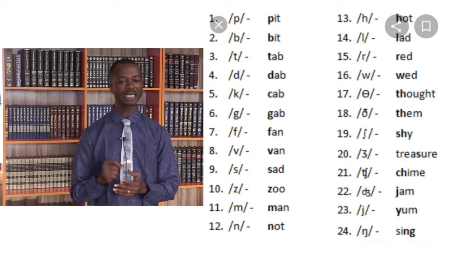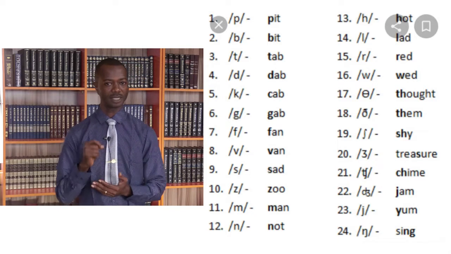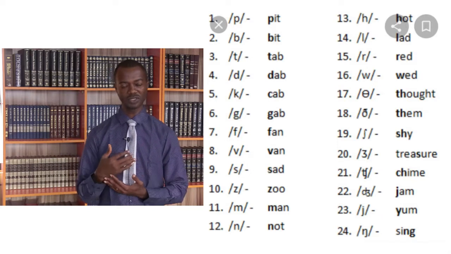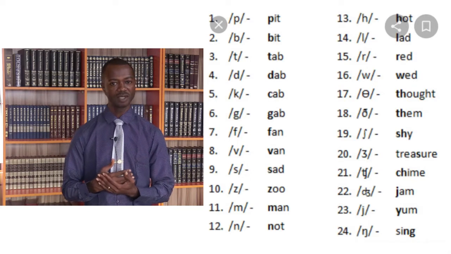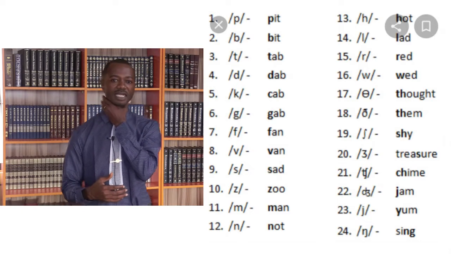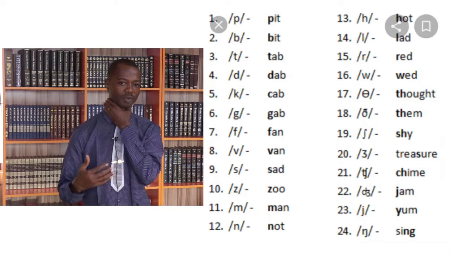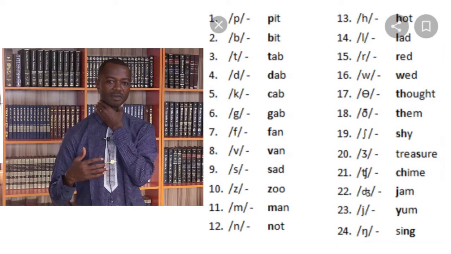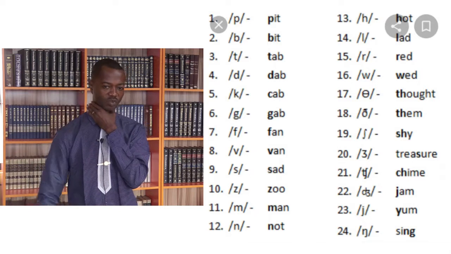Then we have the th. The th is a voiceless consonant. That is, when you produce the th sound and you place your palm on your larynx, like I'm doing now, there's less vibration compared to when you pronounce the voiced one.